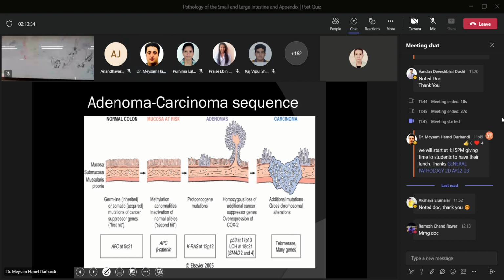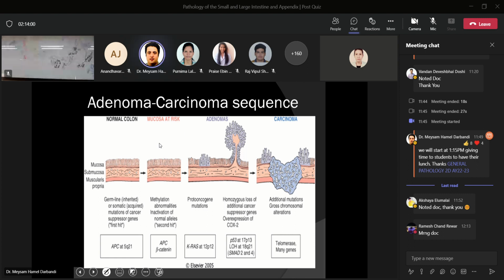So you see KRAS will be activated when there is suppression of the tumor suppressor gene. KRAS will be activated. Eventually P53. What is P53? Guardian of the tumor suppressor genes, right? Guardian.